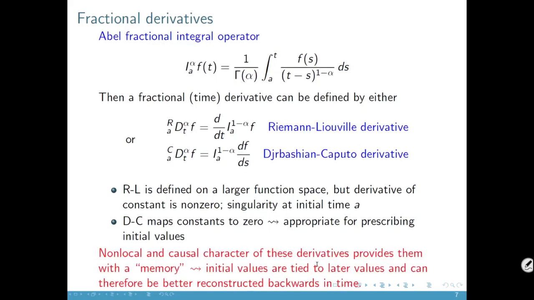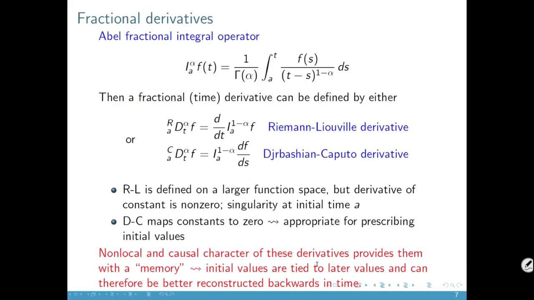Okay, but let me point out in the context of this fractional integral operator that it's a non-local operator, non-local in time, in the sense that for computing the derivative at a time instance t, it clearly requires the values of the function to be differentiated not only at t but also at previous values. So it's non-local and in a causal way.